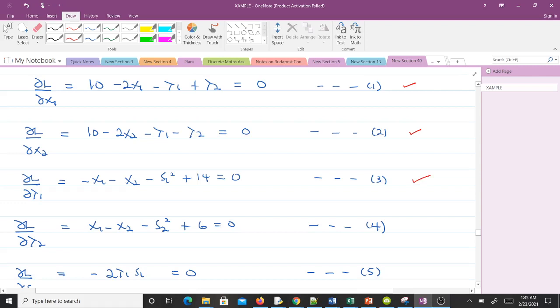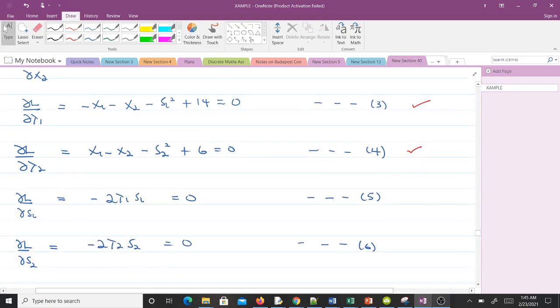And when you differentiate partially with respect to lambda 2, you're going to get this. Differentiating partially with respect to s1, you're going to get that. And with respect to s2, you're going to get this. So now you're going to have 6 equations. And you're supposed to solve these equations simultaneously to obtain the values for our s's, x's, and lambdas.